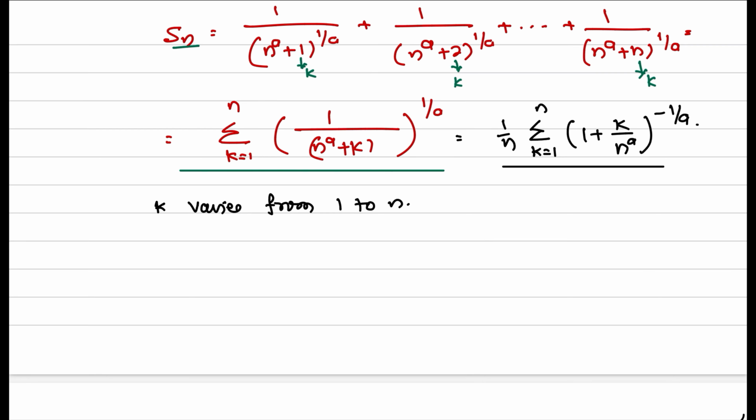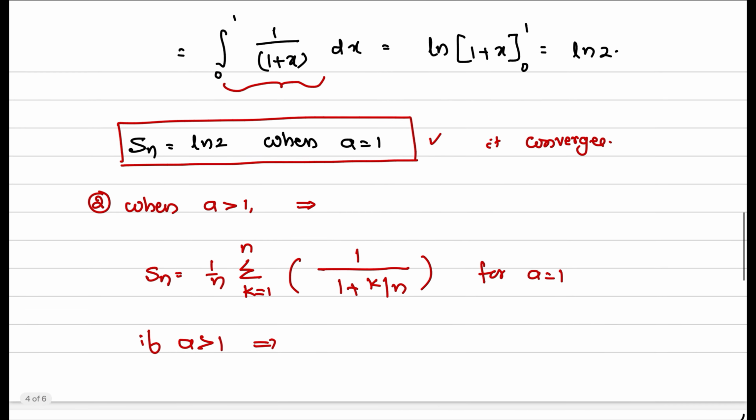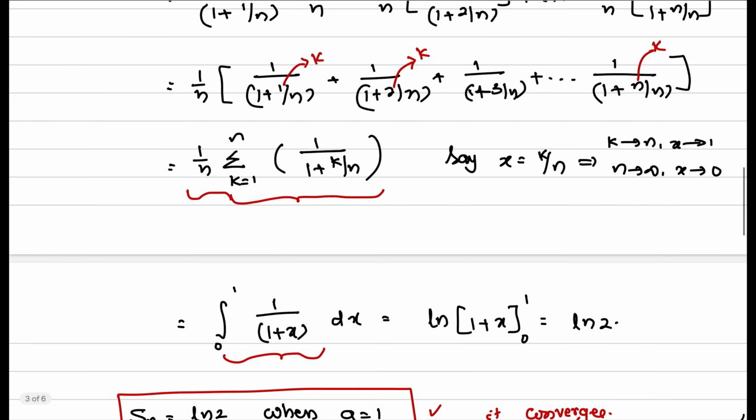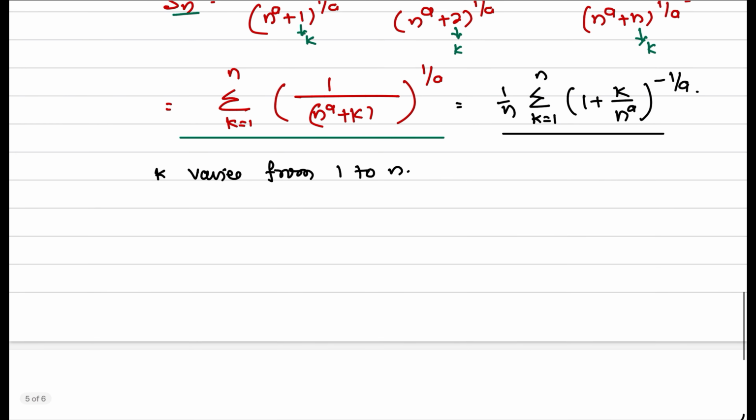Similarly, what I have written previously, from this I got this expression. Similarly, from here, I got this expression. Now, k varies from 1 to n.